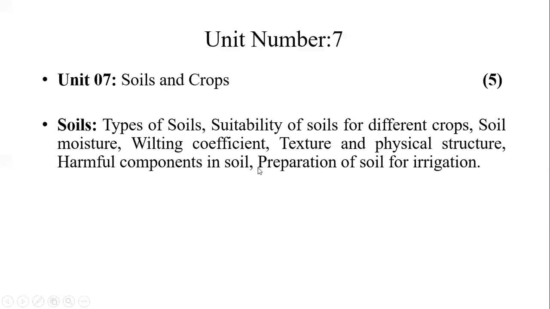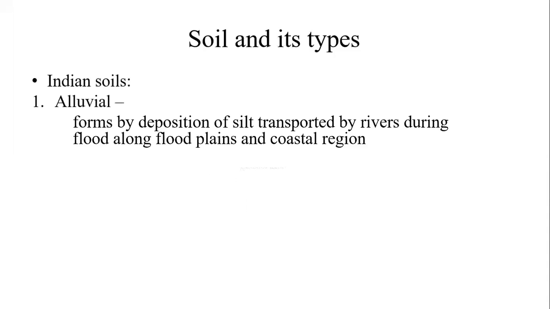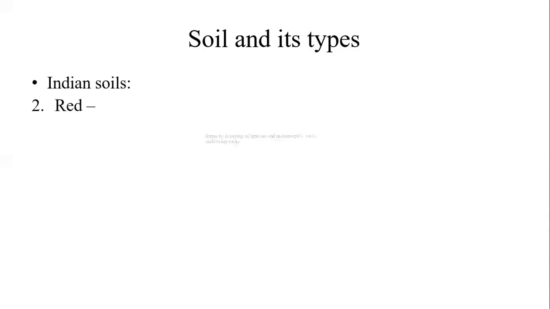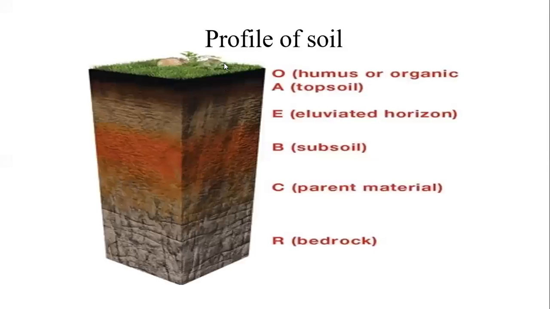Along with that we had seen some numericals also. So today we'll go ahead with the remaining numericals, and then the irrigation frequency and its numerical examples. Without wasting time, we'll start our discussion.